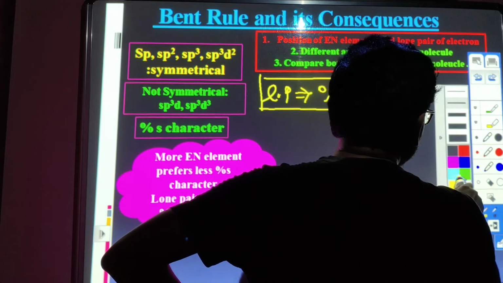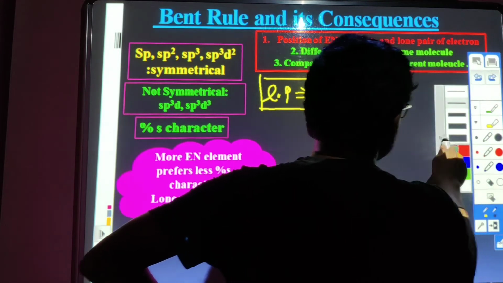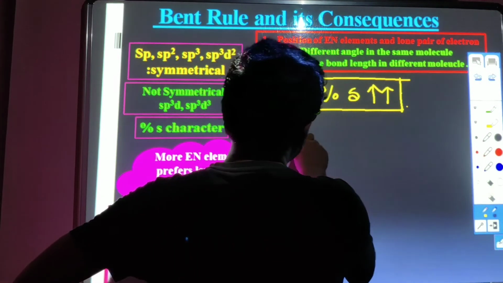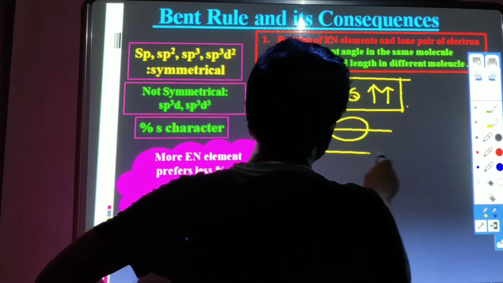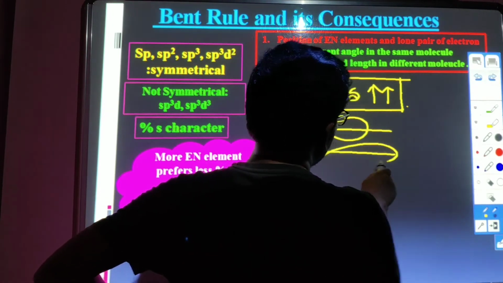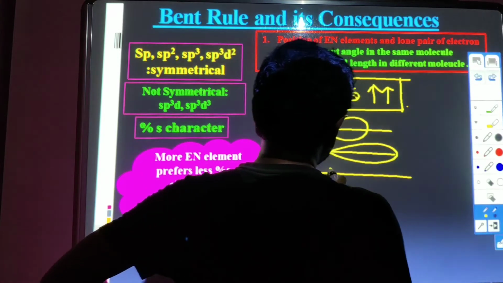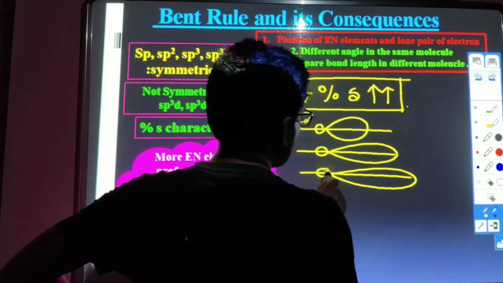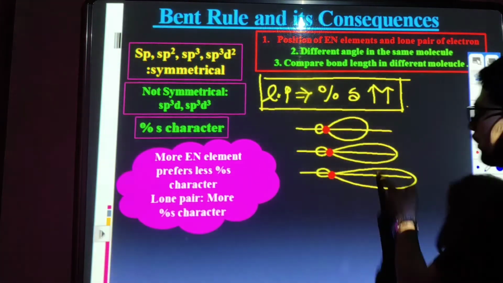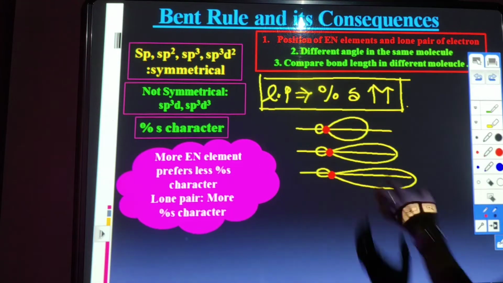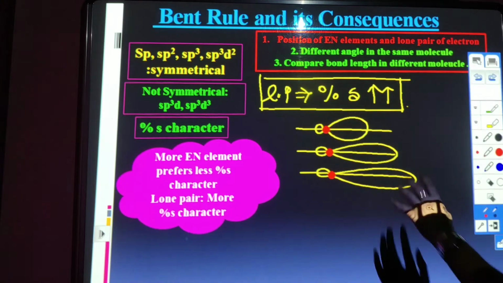If I show you the earlier structure, say this is sp hybridized, this is sp2 hybridized, and this is sp3 hybridized. The orbital gets elongated; the more the percentage of s character, the thicker it will be.